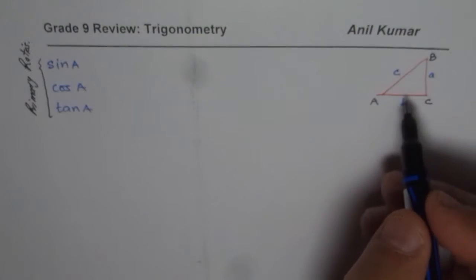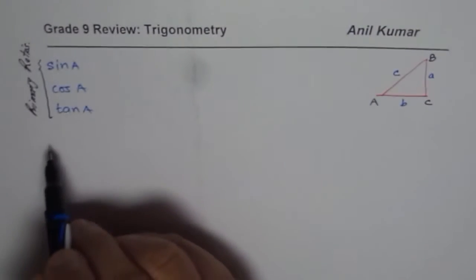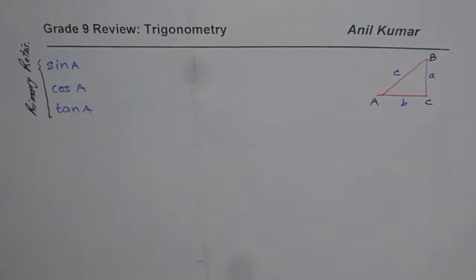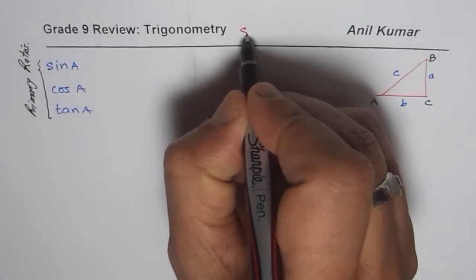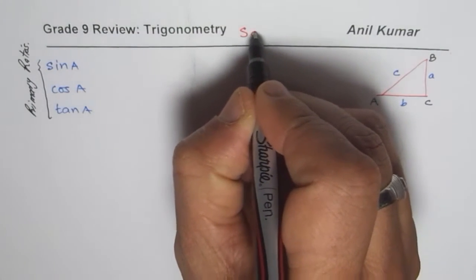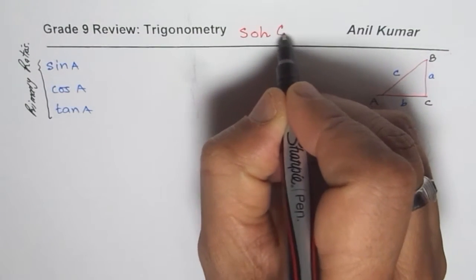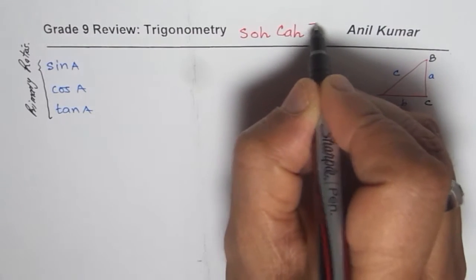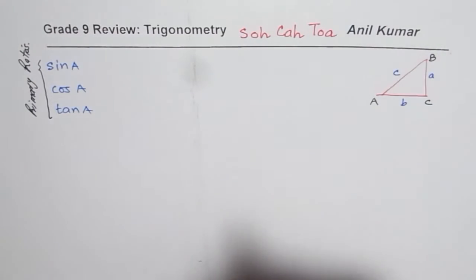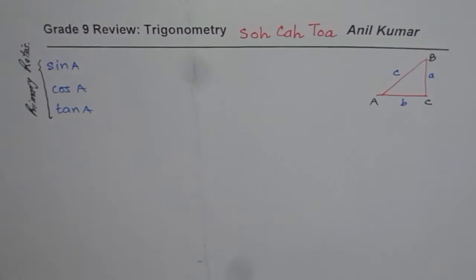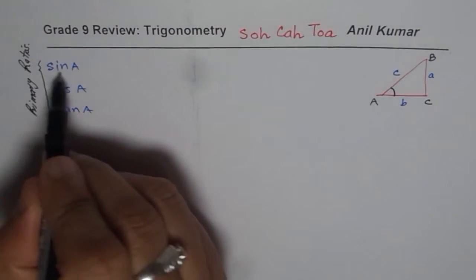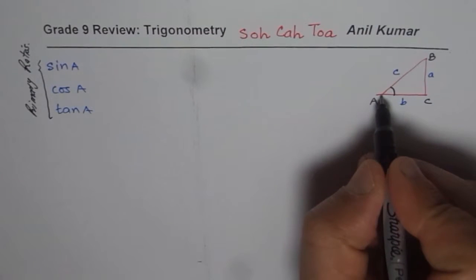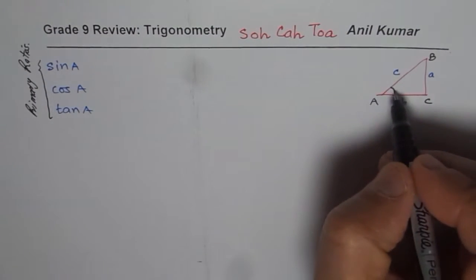In a given triangle, what is sine A, what is cosine A, what is tan A? We can know that from a simple rule which we learn, SOHCAHTOA. So sine is opposite over hypotenuse, cosine is adjacent over hypotenuse, tan is opposite over adjacent side. Now if I am looking from angle A, when I say sine A, we are referring to this vertex and that angle A. So sine A will be opposite over hypotenuse.